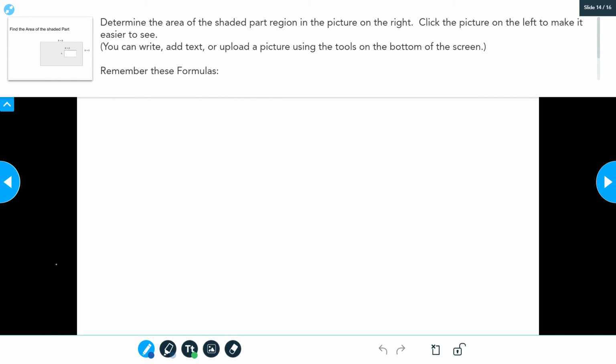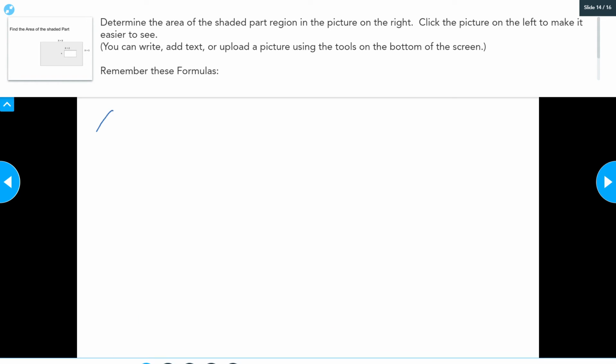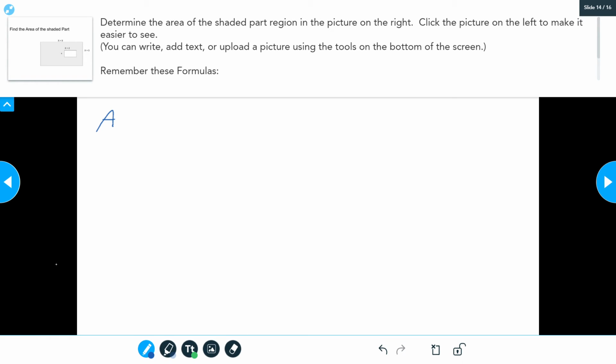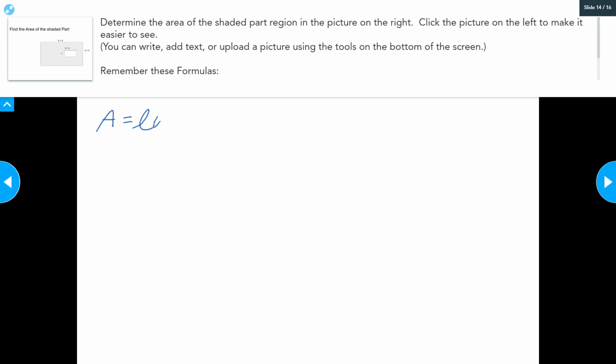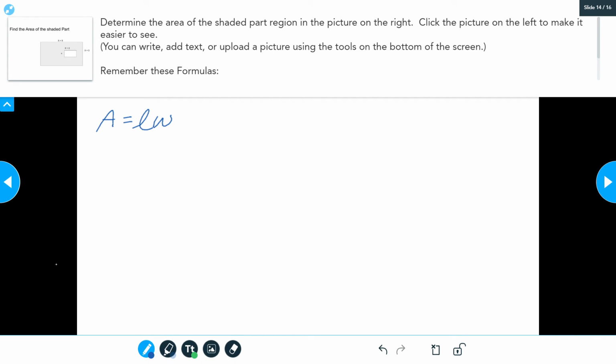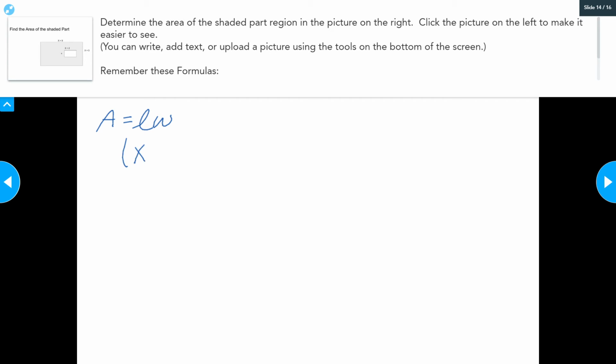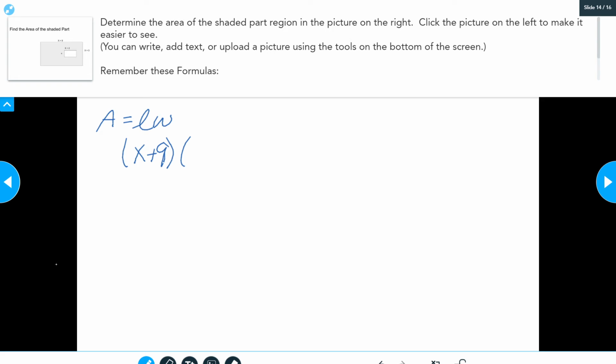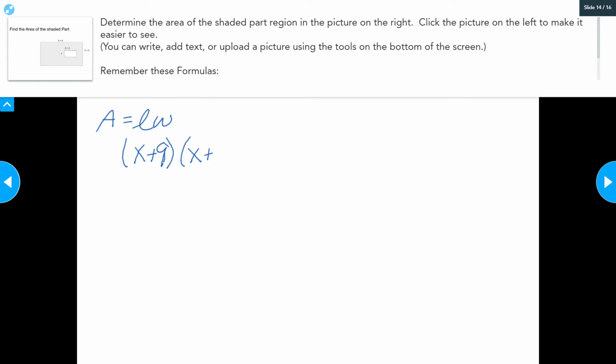And I want to determine the area of the shaded region here. And so what we're going to do for that is we need the area, the shaded region is the big rectangle minus the small rectangle. So the first thing we need to know is the area of a rectangle is length times width. Okay, so the length of my big rectangle is x plus 9 times the width of it is x plus 3.